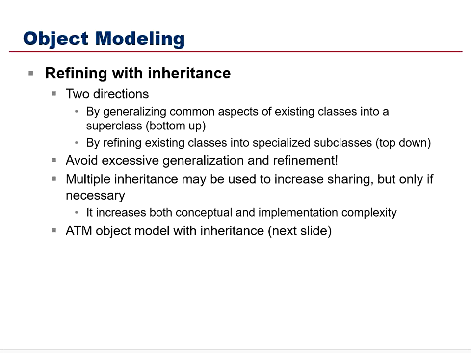Whenever we refine with inheritance and group different classes, we use the two directions. First, the generalization process, where the common aspects of existing classes are generalized into superclasses. Second, refining the existing classes into specialized subclasses, which is top-down. We should generally avoid excessive generalization and refinement.